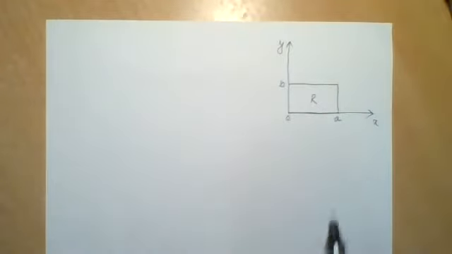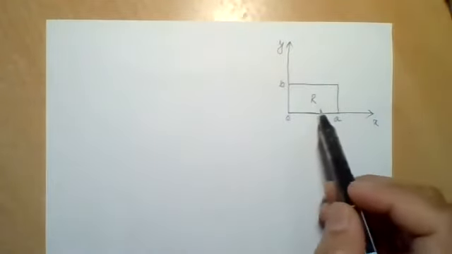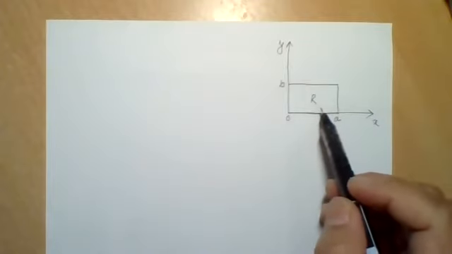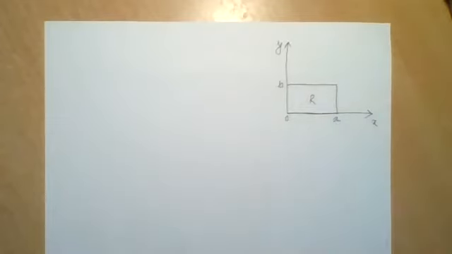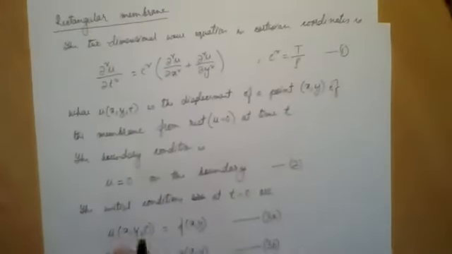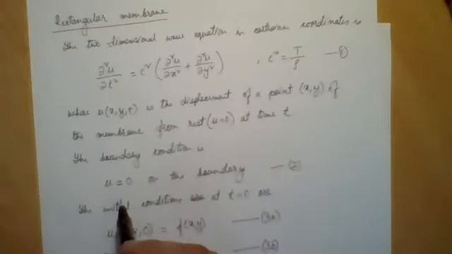Okay, so we have considered a rectangular membrane R, and tomorrow we shall discuss a circular membrane like the drum head of a tabla. Then the boundary condition, equation number 2, can be written in an easier way.